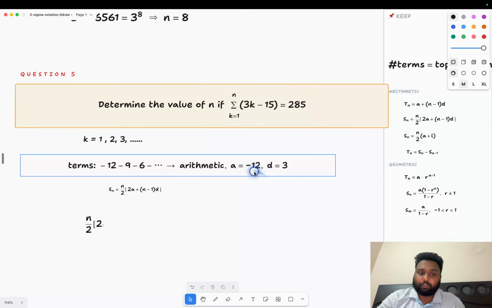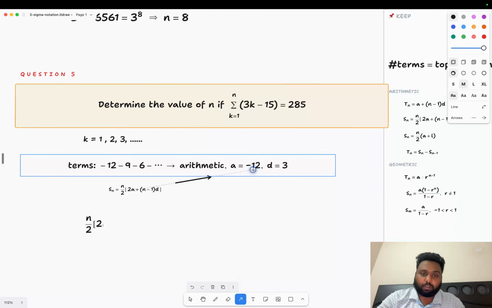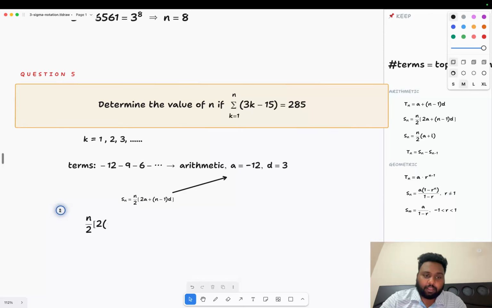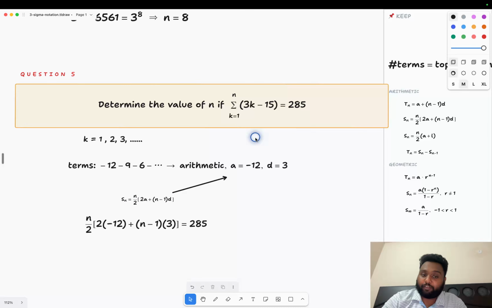We will fill in these values in the formula. The n by 2, 2a becomes minus 12 times 2 and the d becomes 3. And we know the summation is equal to 285.